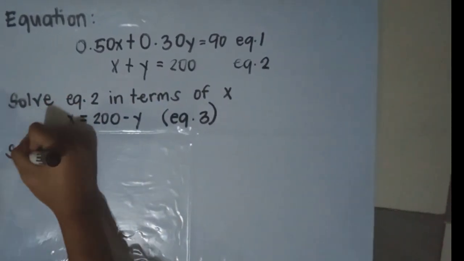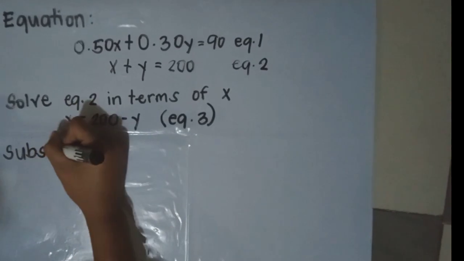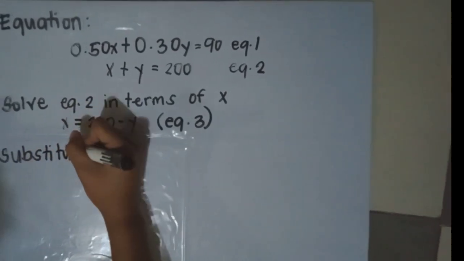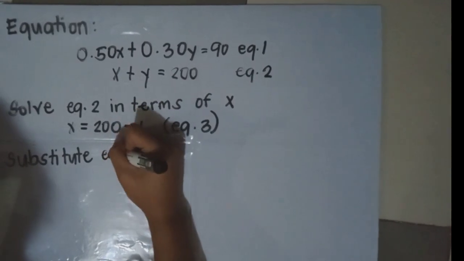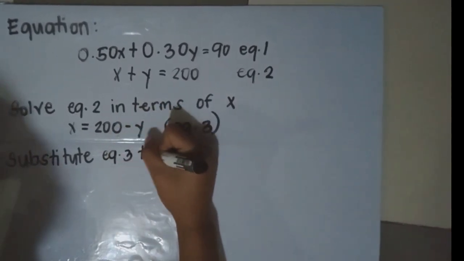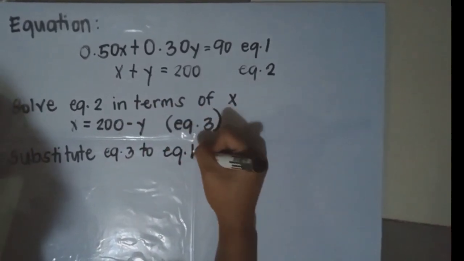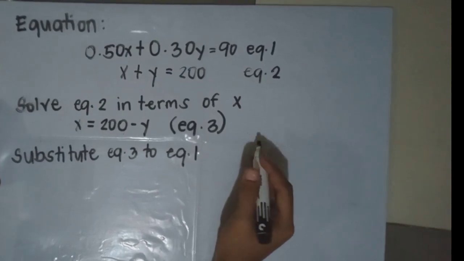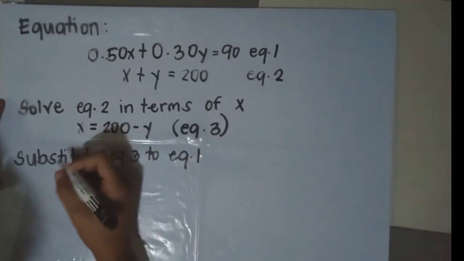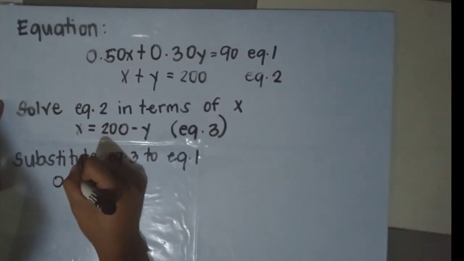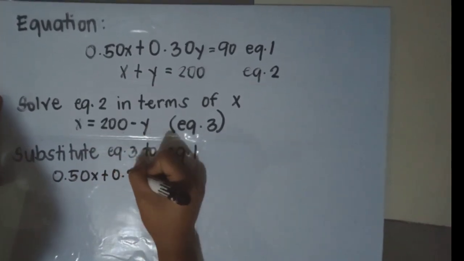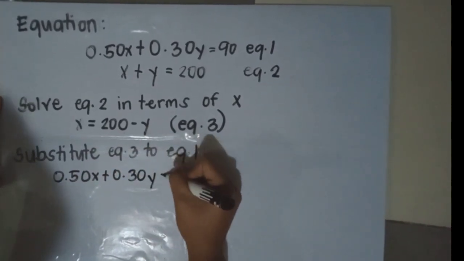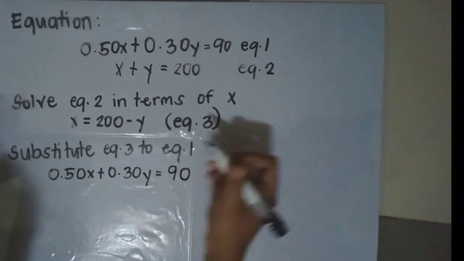Now, we are going to substitute equation 3 into equation 1. Our equation 1 is 0.50x plus 0.30y equals 90.